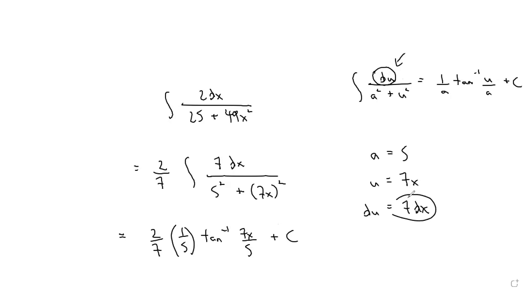We were missing that 7. Then you can simplify it a little: on top you just get a 2, and on the bottom, 7 times 5 is 35. So 2 over 35, tan inverse 7x over 5, plus C. Very good. Thank you for the correction.